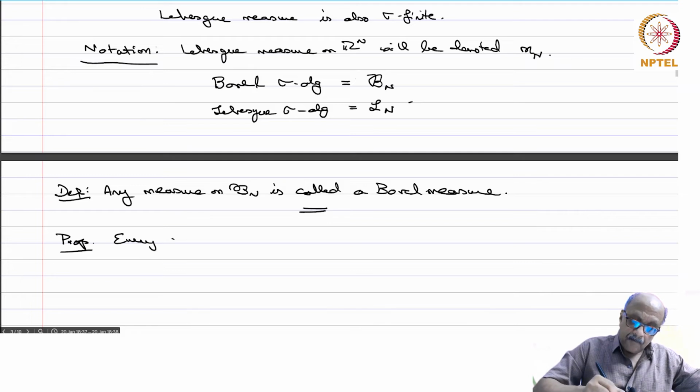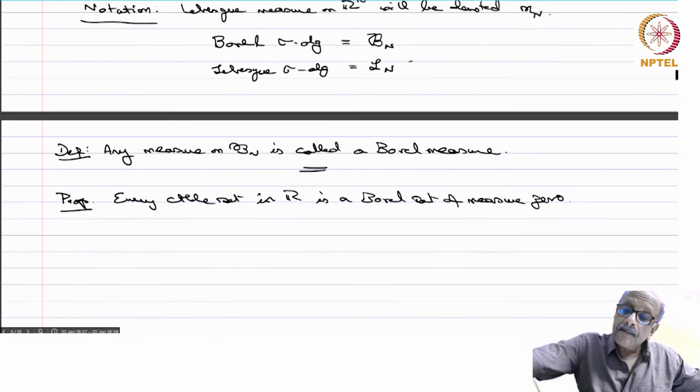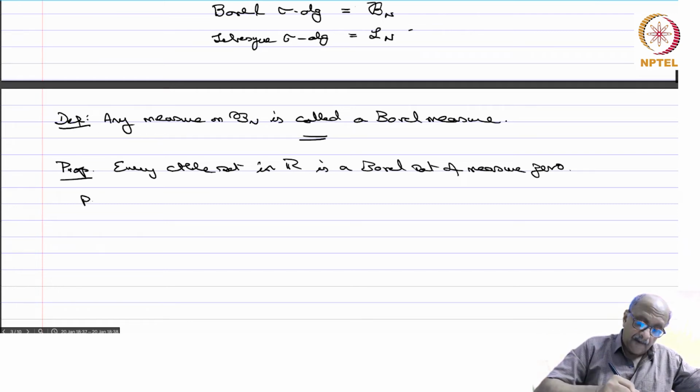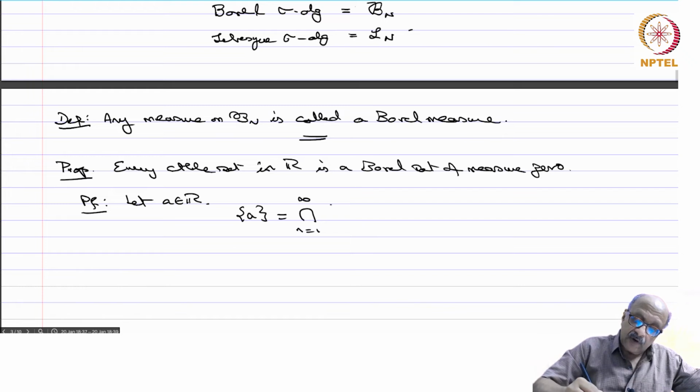Every countable set in R is a Borel set of measure 0. So proof: let a belong to R, and then you have the singleton {a} can be written as the intersection over n equals 1 to infinity of (a, a + 1/n].